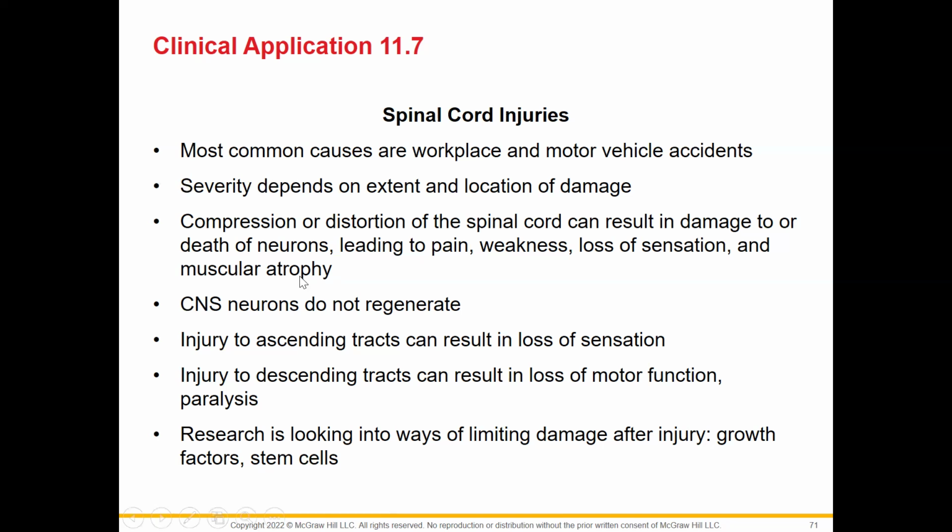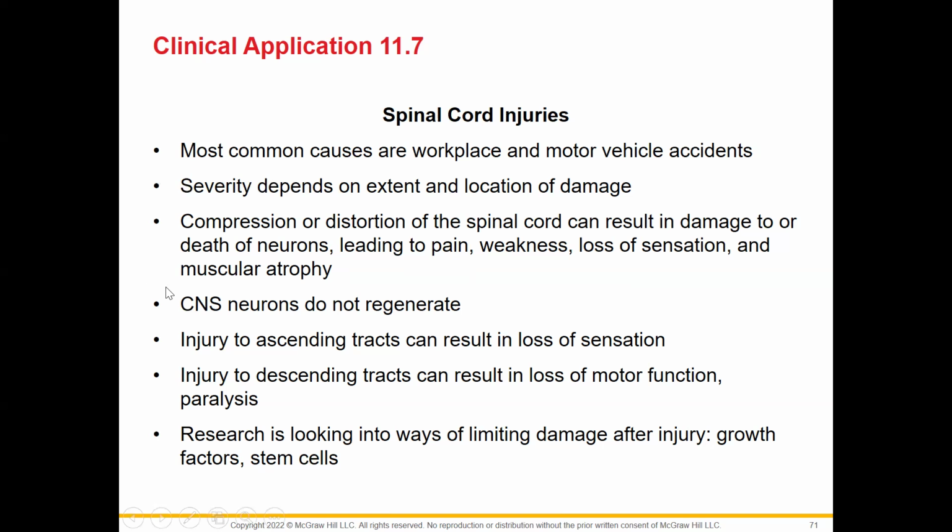So atrophy would be the degradation of that muscle because it's not getting any or adequate neuronal stimulation. You end up getting all of these problems. So death of the neurons, because of damage to or death of the neuron, can lead to pain, weakness, loss of sensation, loss of muscle stimulation.